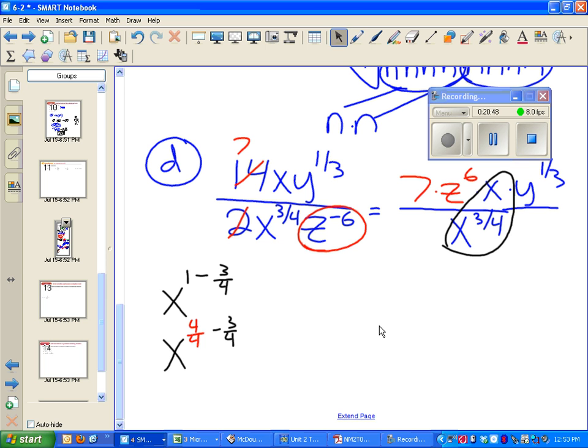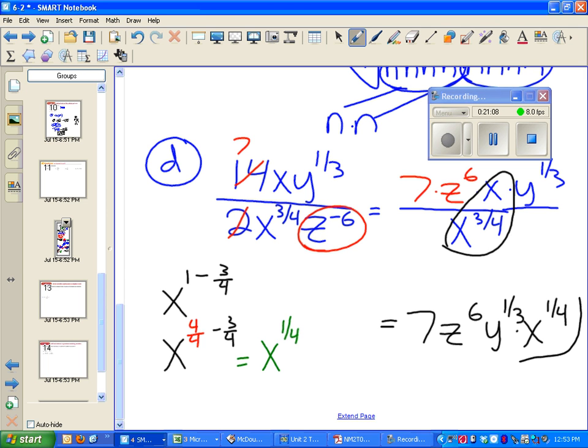So altogether that would be x to the 1/4 power, and since I got a positive, that's going to go in the numerator. So I still have my 7, z to the 6th, y to the 1/3, and then I have x to the 1/4. Okay, and we usually write that in alphabetical order, but that's fine too. If I would have gotten a negative answer, that would have gone downstairs so it could be a positive exponent. That takes care of those.